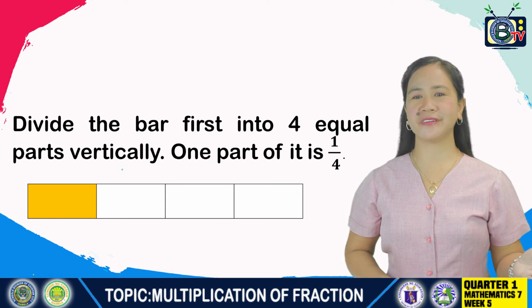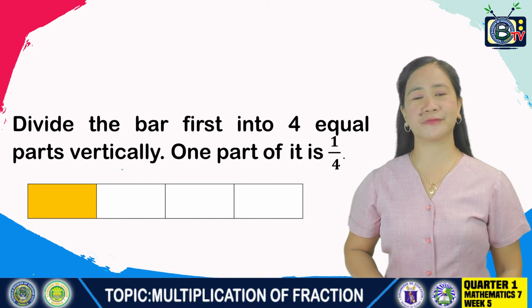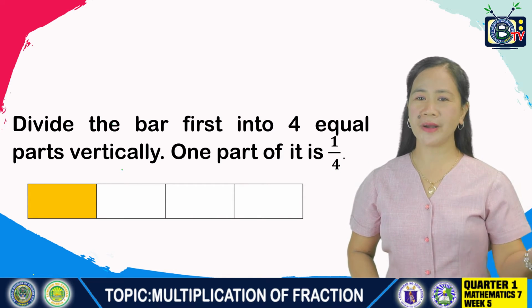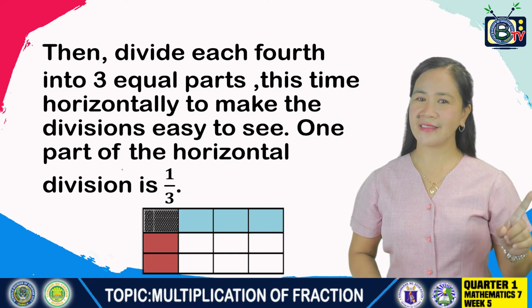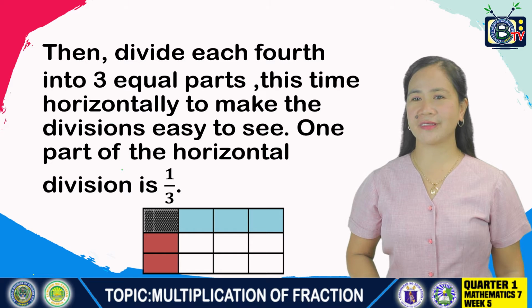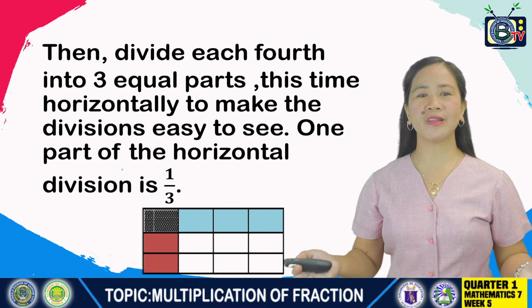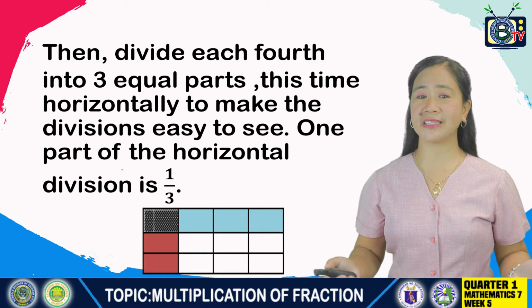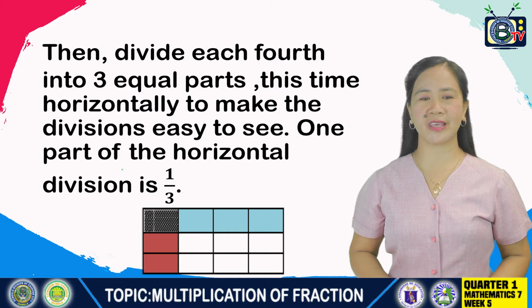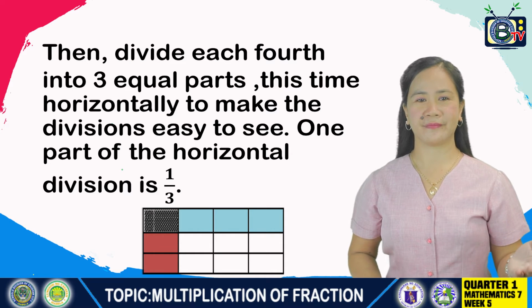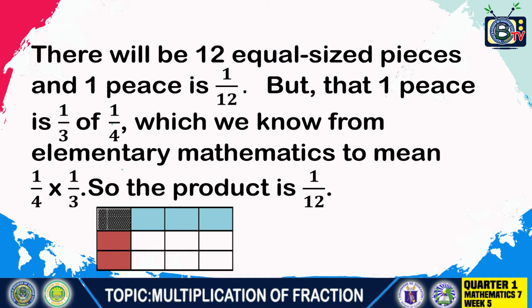Divide the bar first into 4 equal parts vertically. One part of it is 1/4. Then, divide its fourth into 3 equal parts. This time, horizontally to make the divisions easy to see. One part of the horizontal division is 1/3. There will be 12 equal-sized pieces and one piece is 1/12.